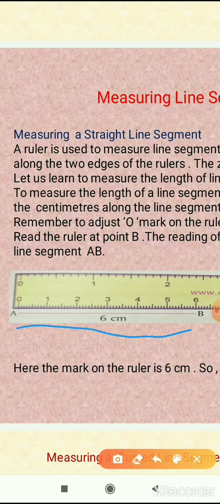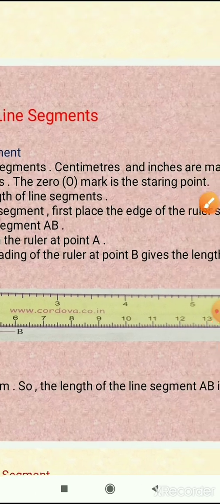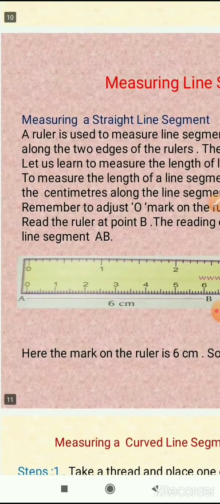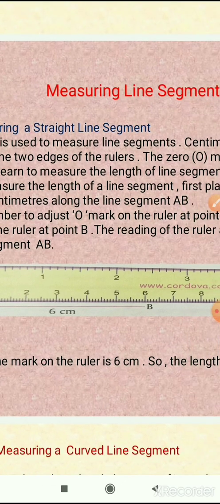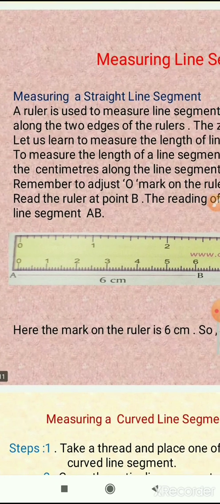We have to measure the length of this line segment. So to measure the length of line segment, we have to first place the edge of the ruler showing centimeters along the line segment AB. So centimeters edge we keep along this line.